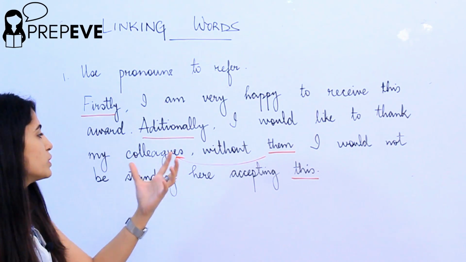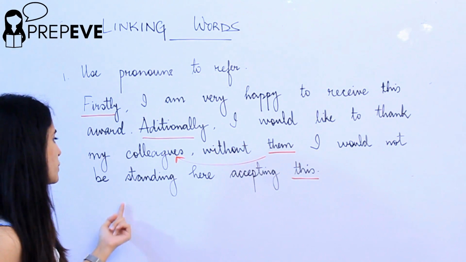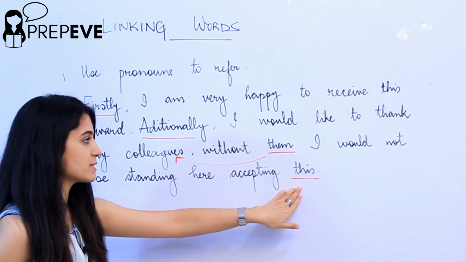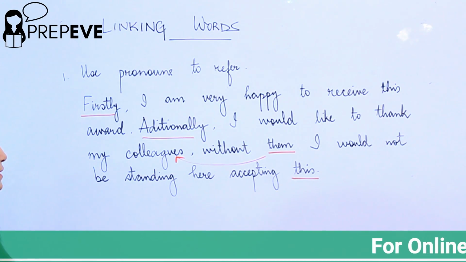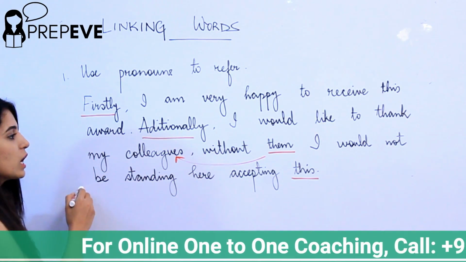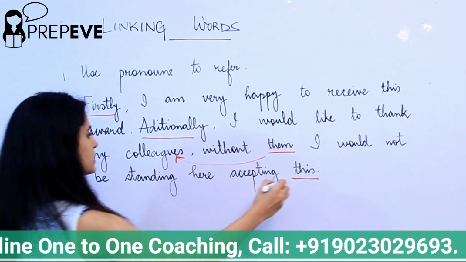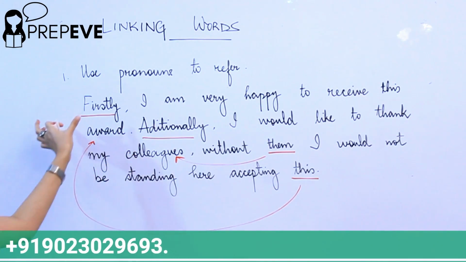Additionally, I would like to thank my colleagues. Without them, I would not be standing here accepting this. Now, this refers to the award, right? To the award. So, this is how these 4 lines are connected to each other. This goes back to this place, right? So, now you see the connection.